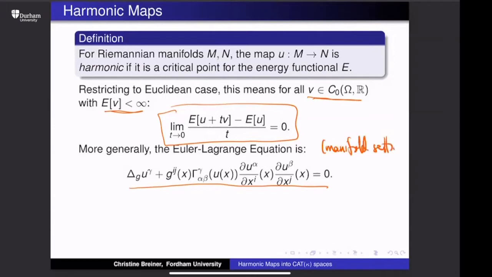Of course, if you're in the Euclidean setting, the Christoffel symbols are 0, and you just get that harmonic maps are harmonic functions. The coordinate functions are harmonic. Okay, but this is in the manifold setting. You have a PDE, is the point I want to remind everyone. Sometimes the map only satisfies this weakly, right?